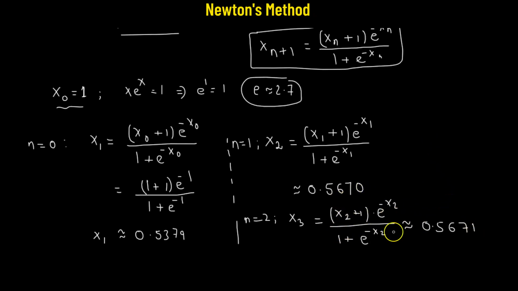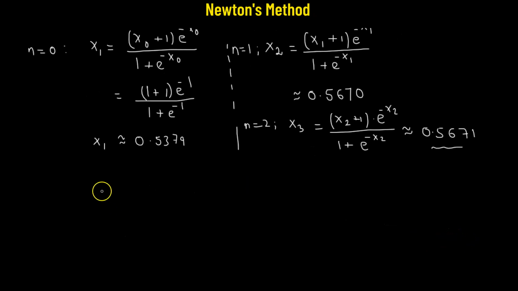So we'll consider the approximate root of the equation to be 0.567. So x approximately 0.567 is a solution to x e^x = 1. We can actually verify this.